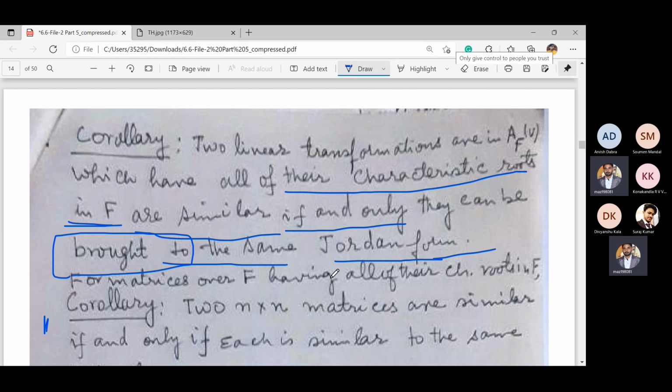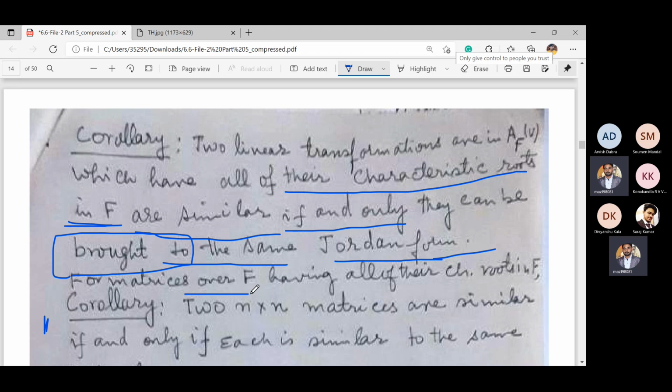That's okay. But from the Jordan point of view, you can form their Jordan forms and see that both linear transformations have the same Jordan form. Means for T1 there exists a basis B1, for T2 there exists a basis B2, such that the matrix of T1 with respect to B1 and of T2 with respect to B2 are equal and they are in Jordan form.